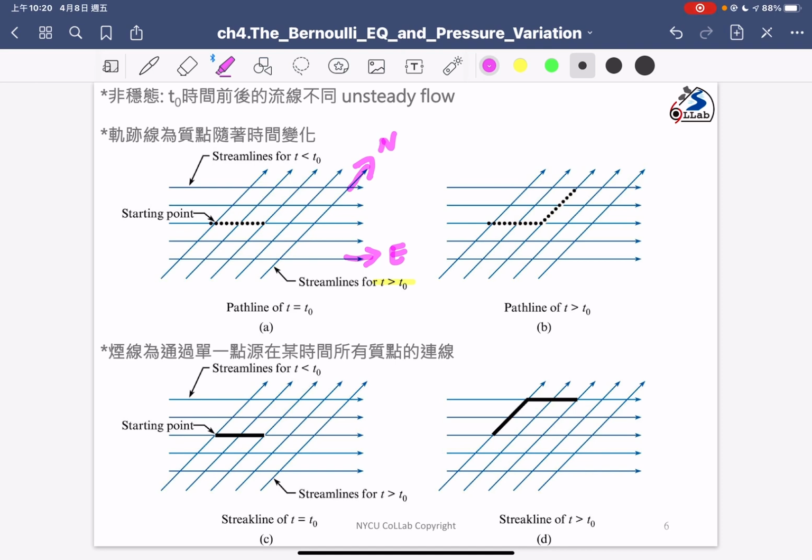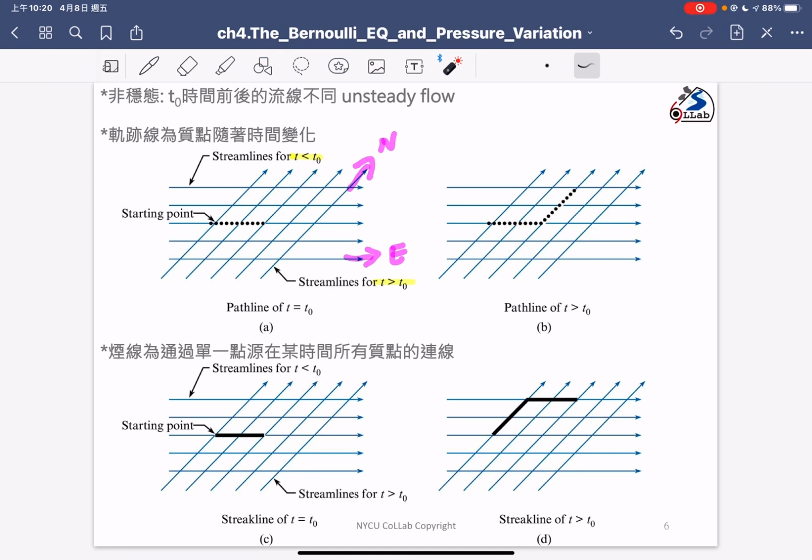I define the east direction and the north direction. At different time points, if the time is less than t0, the streamline direction is going to the east. If the time is larger than t0, the streamline is going to the north direction. So actually we know that the flow direction will change when the time is less than t0 and when the time is greater than t0. Okay, so we have two different streamline directions.